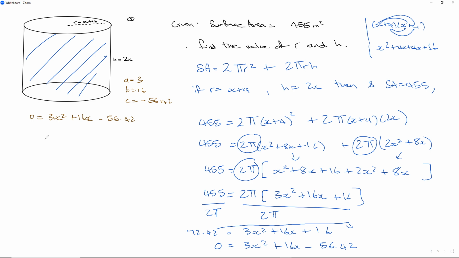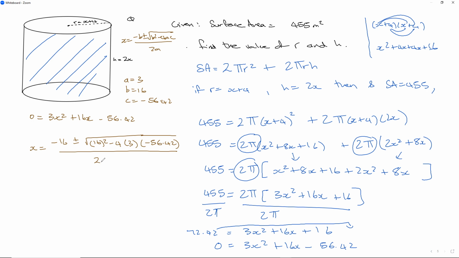The formula is minus B plus minus the square root of B squared minus 4AC over 2A. So x is equal to minus B plus minus the square root of B squared minus 4AC over 2A. And so I substitute that in here: negative 16 plus minus the square root of 16 squared minus 4 times 3 times negative 56.42, all over 2 times 3.